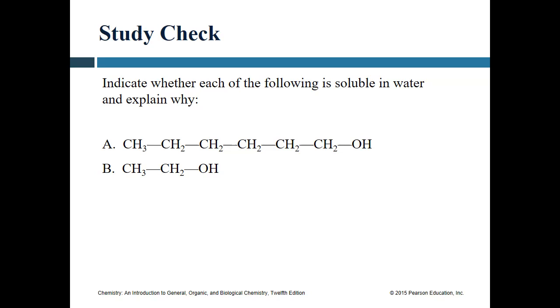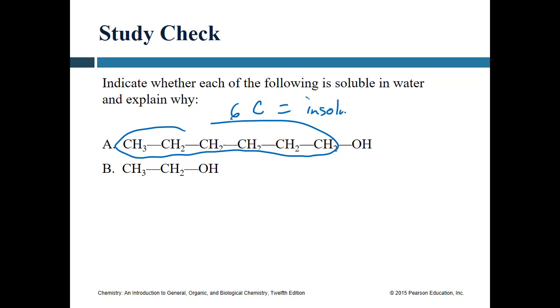Carbon chain is 6. Solubility for alcohols basically drops past 4. Yeah, we have to look at the full chain. So this chain being 6 means that this one's going to be insoluble.